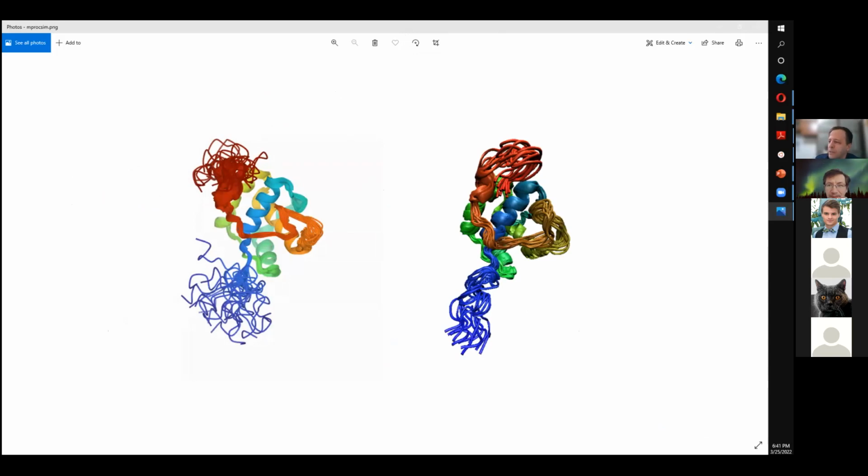I did compare it with some NMR models. I didn't compare with any cryo-EM, but it's a very good idea. I don't know if you can see my screen. Yes, yeah.